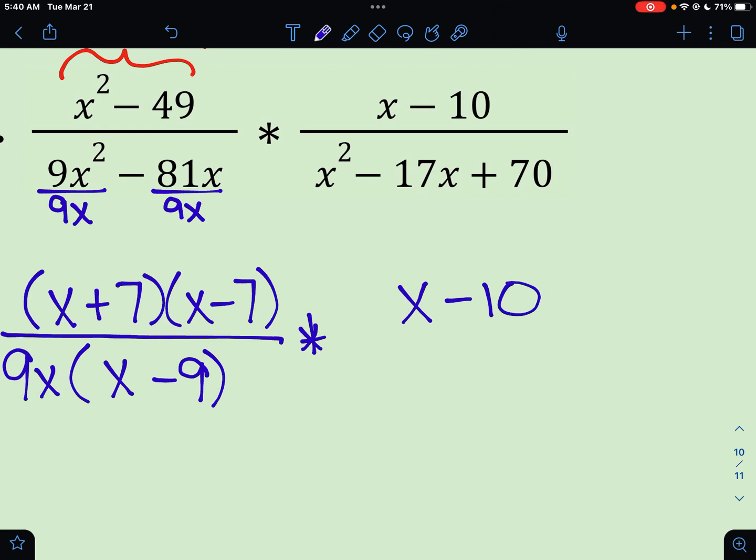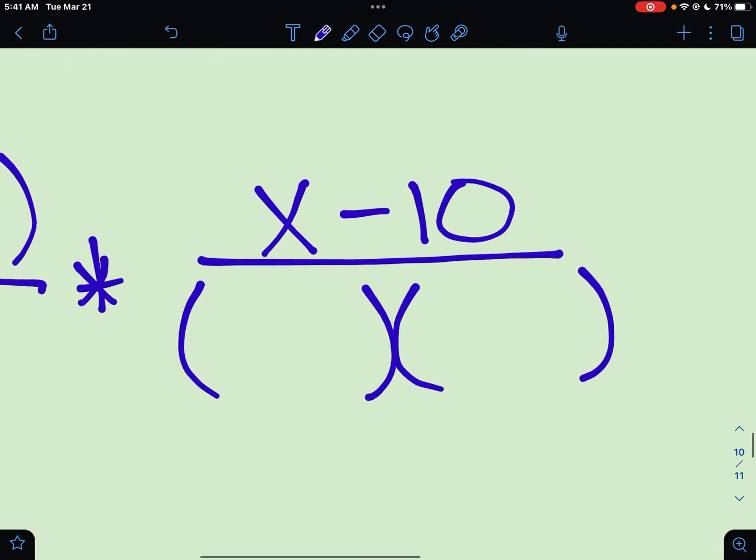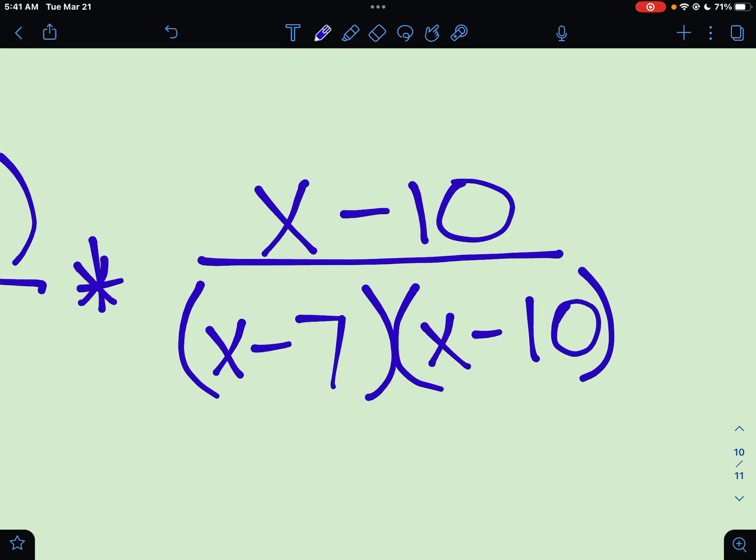X minus 10 is on the top. And then on the bottom, I need factors of positive 70 that add to negative 17. So I'm going to change these around.